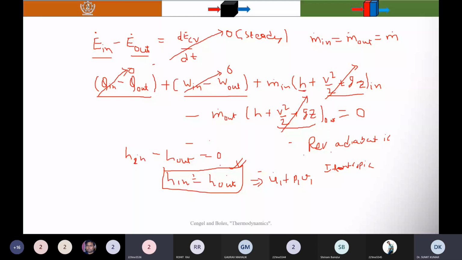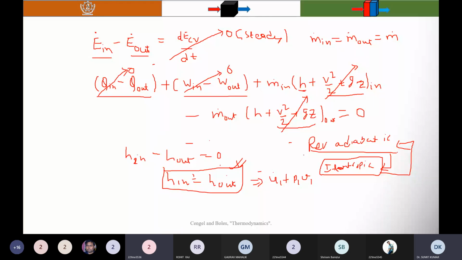What is the meaning of an isentropic process? Isentropic is reversible adiabatic, but I don't know the difference. All reversible adiabatic processes are isentropic processes, but all isentropic processes may not be reversible adiabatic. Remember these things. When I discuss entropy, I will discuss it in detail.